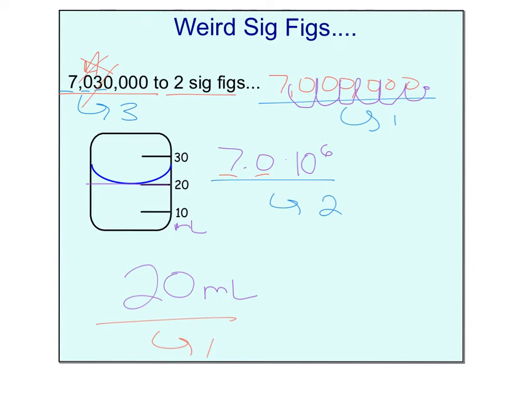And since your estimated digit has to be a sig fig, how you handle this, I know this seems weird, you would write 20. milliliters. Because that decimal point makes that 0 significant, because trailing zeros with a decimal point count. So now this number has 2 sig figs. So now it looks like my 0 is estimated, which is exactly what it was in this case. So again, nothing you'd really see on a quiz or a test, but something that you might deal with in real life, and this is how you would handle it.